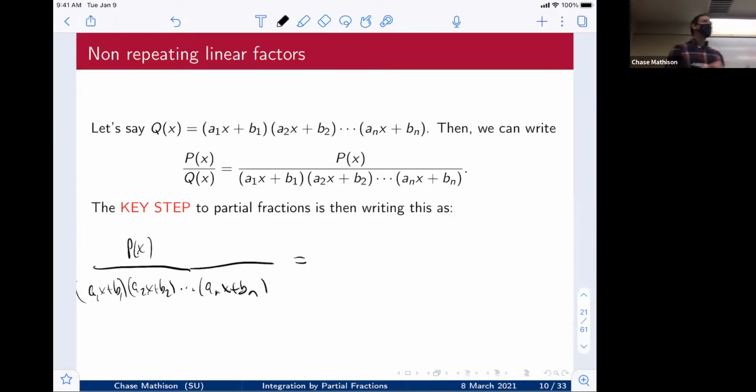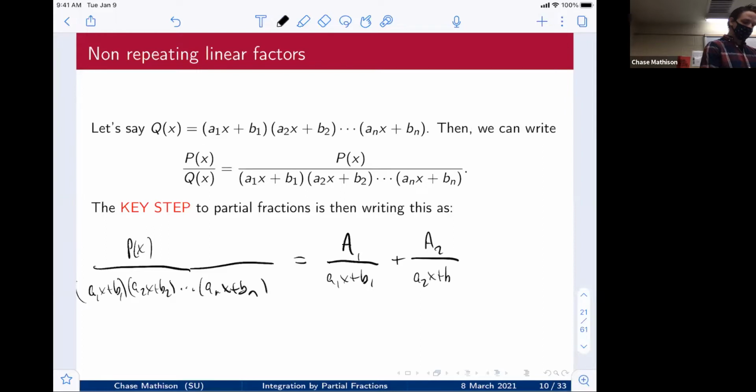I want to rewrite this as capital A1 over A1X plus B1, plus capital A2 over A2X plus B2, and so on, all the way up to capital AN over ANX plus BN.